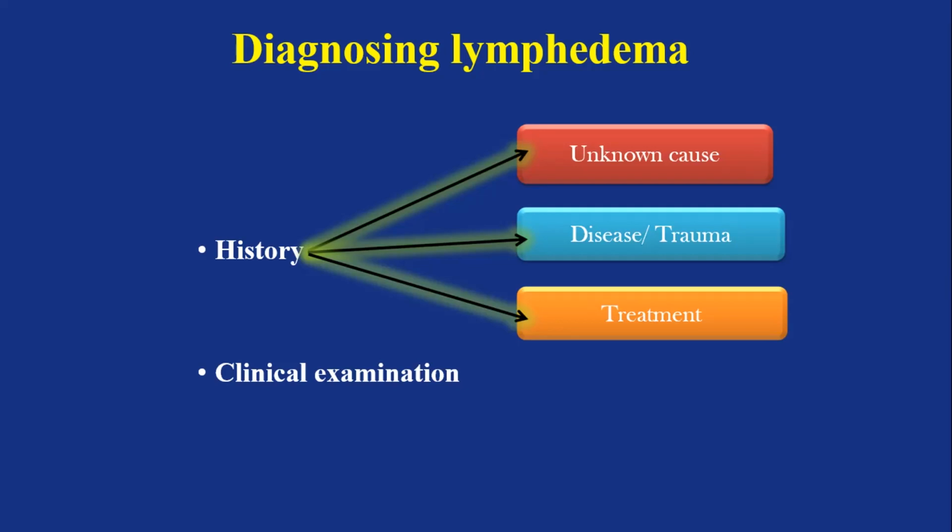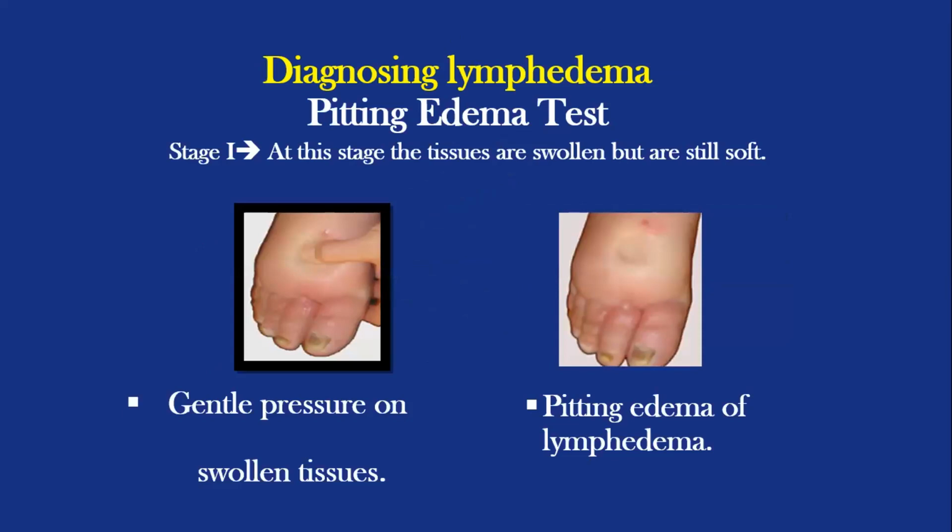After taking the detailed history, you can do the clinical examination. What can you do in the clinical examination? There are three stages of lymphedema. The first stage is swelling, the pitting edema stage. If you apply pressure on the edematous area, your finger impression will be visible.